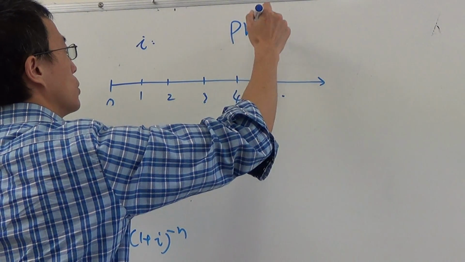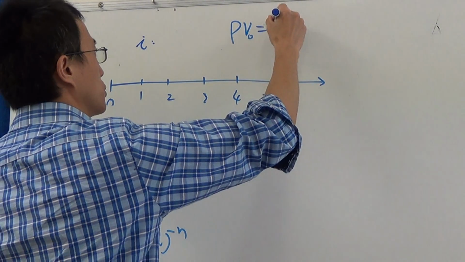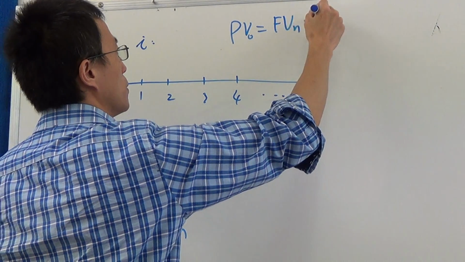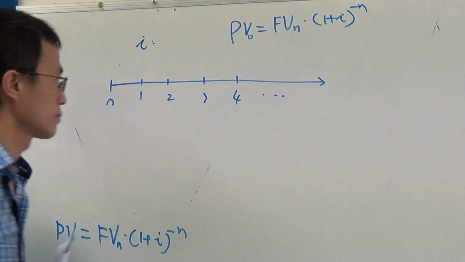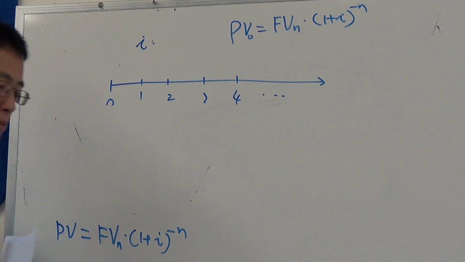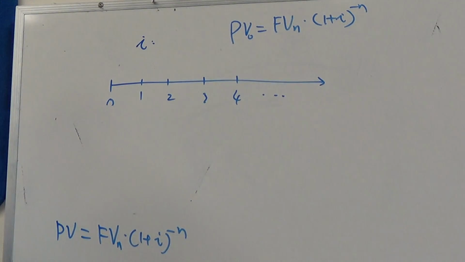Present value is equal to future value in year n multiplied by 1 plus i to the power minus n. Okay, that's the formula for discounting future value back into present time.